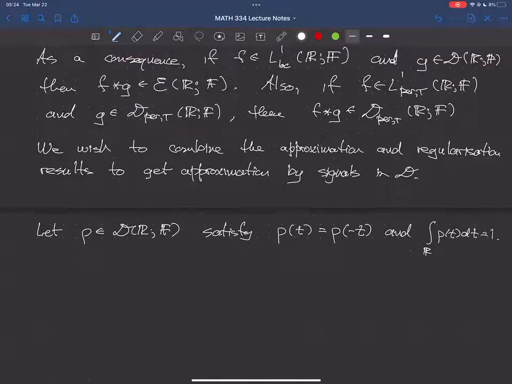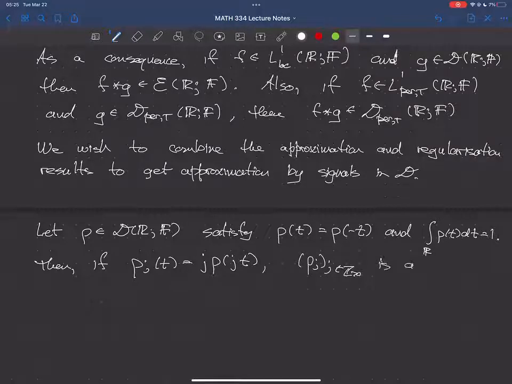What I'm going to do is build an approximate unit from this. I'm going to define rho j to be the same thing that I did with general signals in L1 last time. I'm going to define a sequence like this, and then this is an approximate identity.